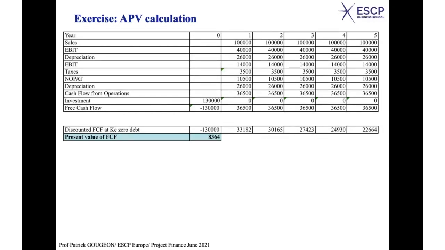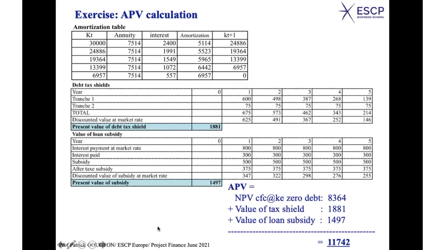Now let's look at the debt. The first debt, you have an annuity. It's a debt of 30,000 with an annuity of 7,514. Okay, and I guess you know how to determine an amortization table. So you have the annuity, which is the same year after year.